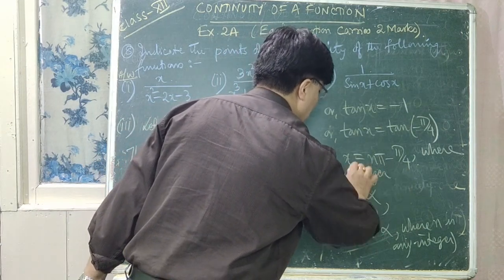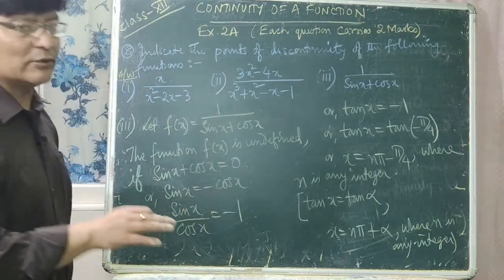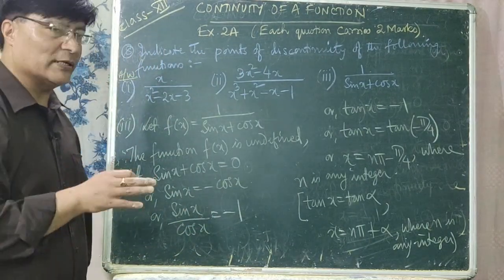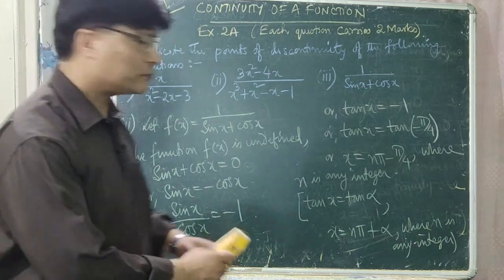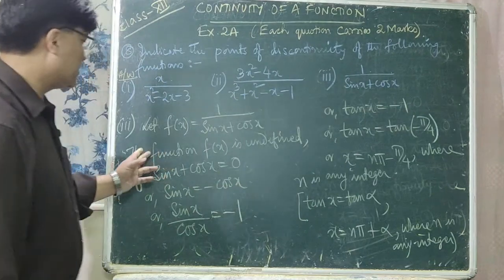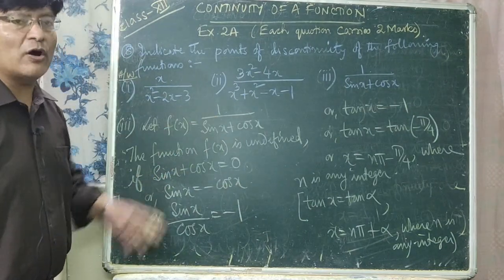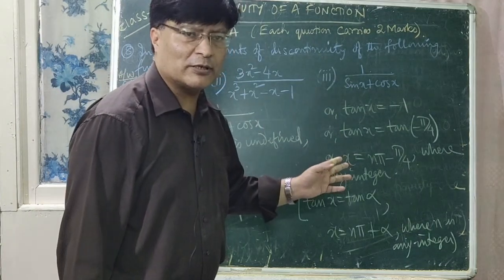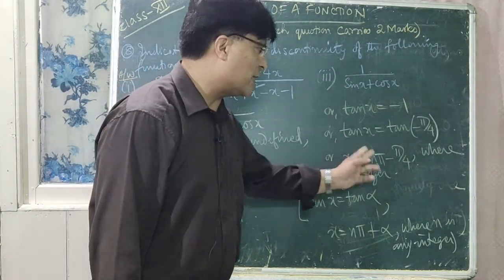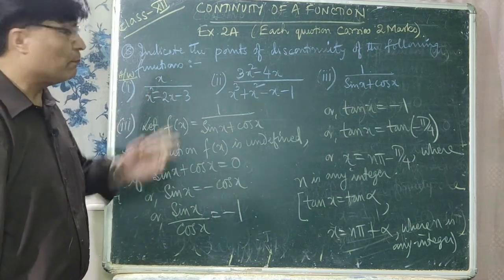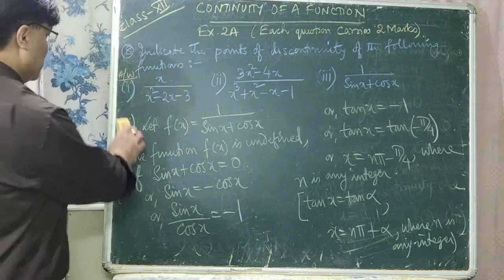That means n is equal to 0, plus 1, plus 2, plus 3, etc., or minus 1, minus 2, minus 3, etc. Okay. So when x is equal to n pi minus pi by 4, this given function f of x is undefined. So which are the points of discontinuity out here? That is x is equal to n pi minus pi by 4. So this is the answer for points of discontinuity.